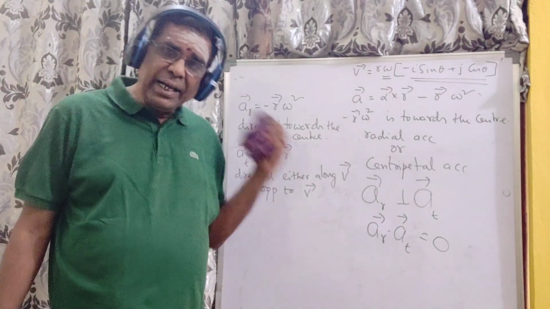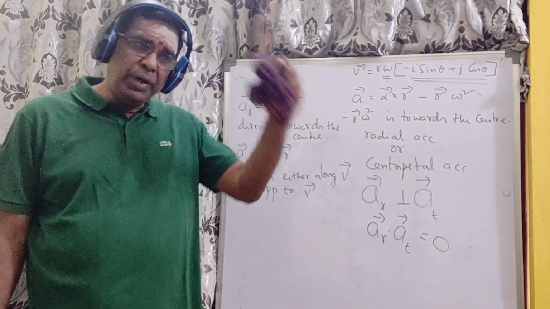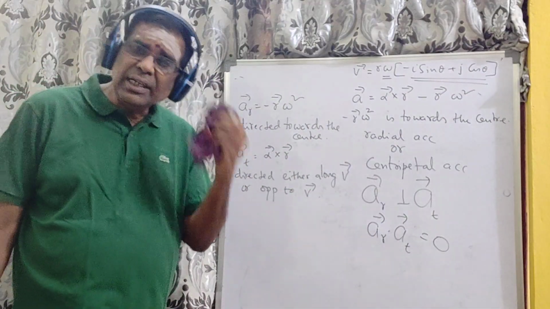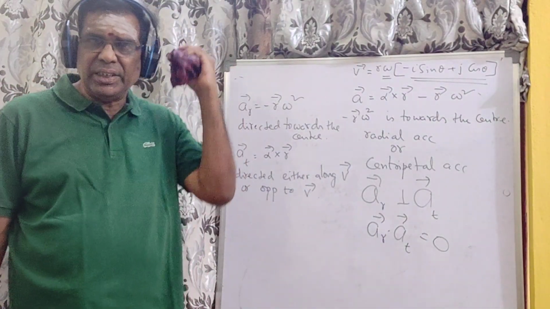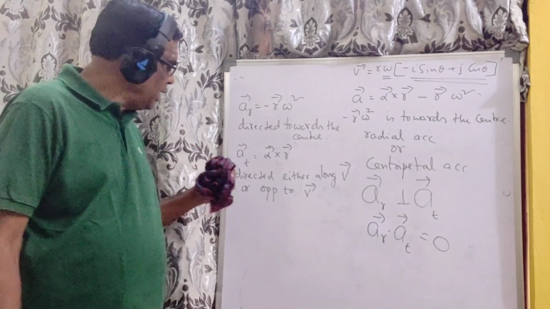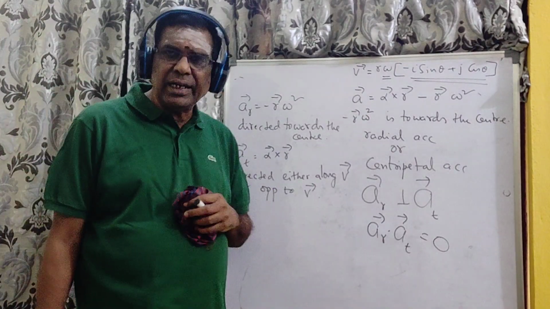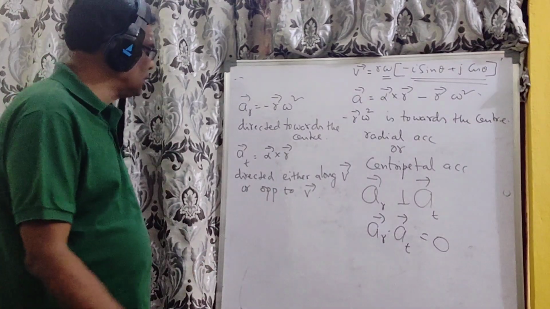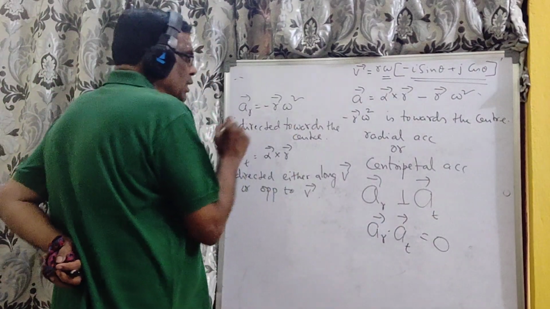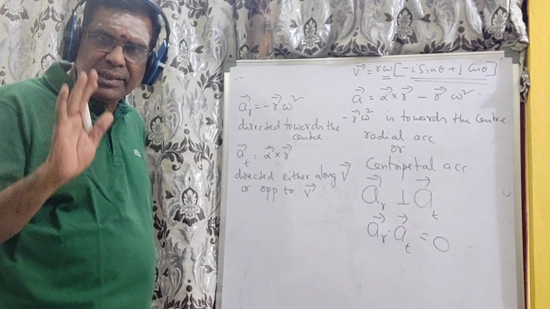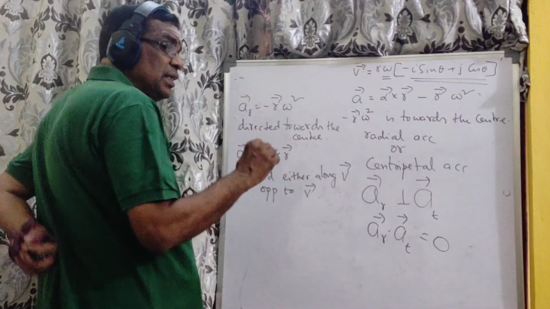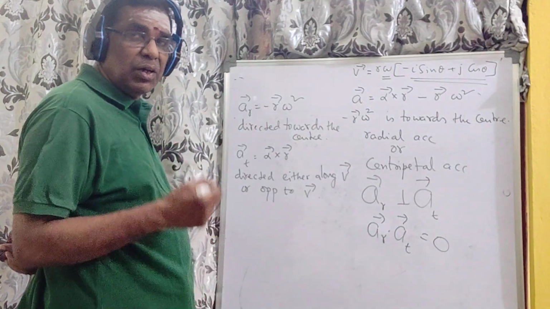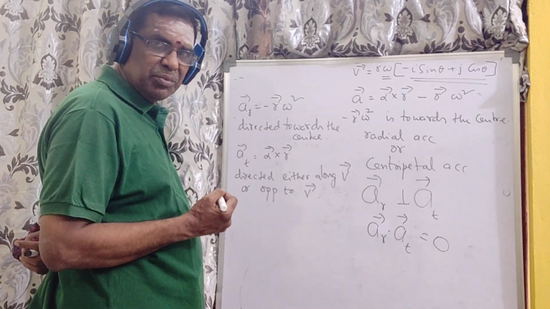So, the acceleration in a plane of motion consists of two parts generally. One is tangential acceleration, other is radial acceleration. And this radial acceleration is essentially due to change in direction of velocity.